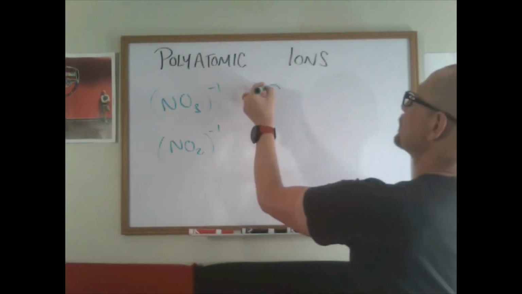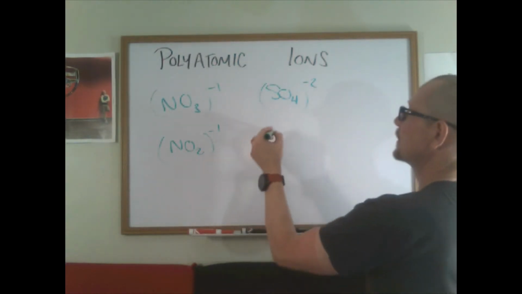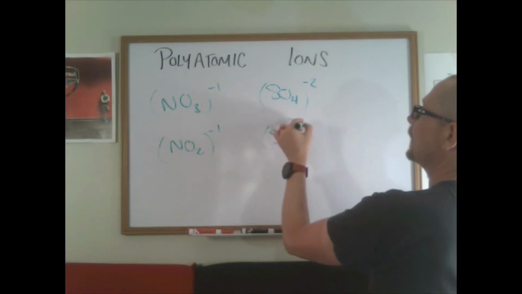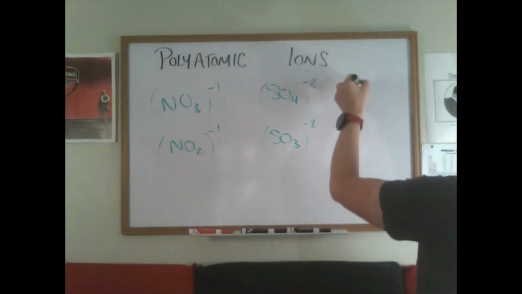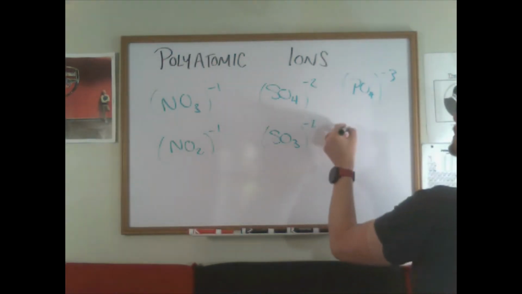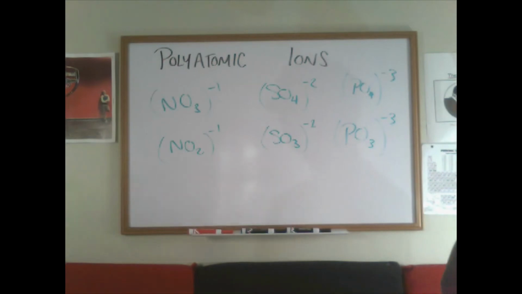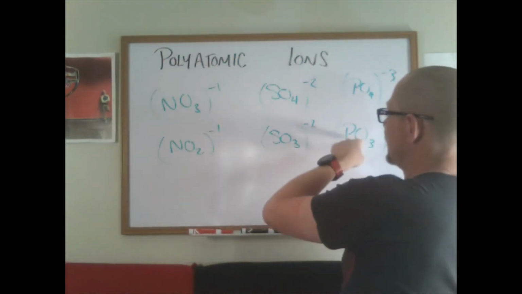If a sulfate is SO4 at negative 2, then a sulfite is SO3 at negative 2. If a phosphate is PO4 at negative 3, a phosphite is PO3 at negative 3. Same thing. ate, ite, ate, ite, ate, ite.